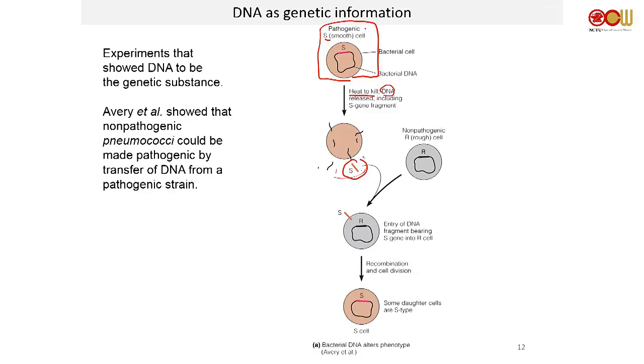that has DNA fragments and you incubate it with a healthy, normal, non-pathogenic cell of the same bacteria, instead of the pathogenic one. You mix them together, and the gene that carries the pathogenic characteristic goes into your normal cell, your R cell, and essentially it turns your R cell into an S cell.